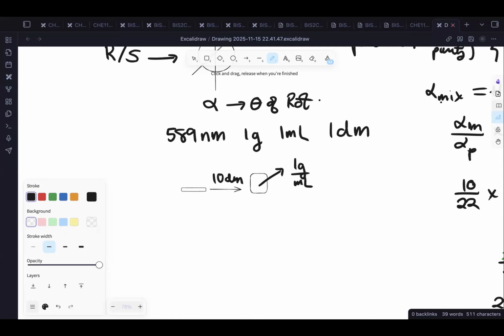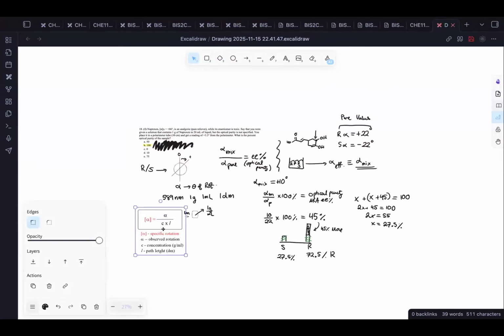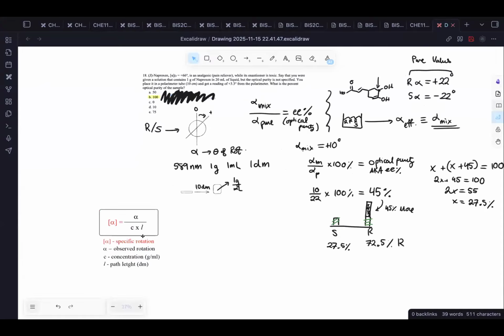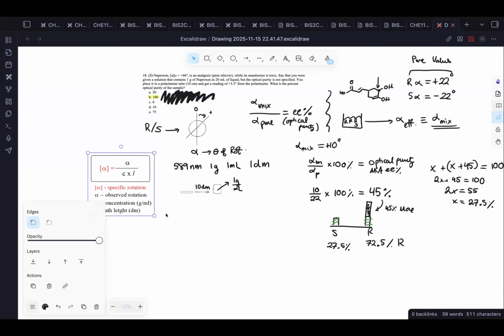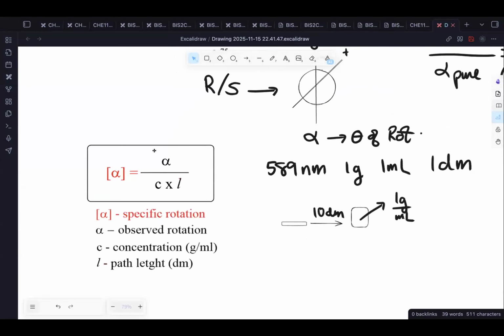There we go. The formula that I just put on the screen is the formula that you will need to use for a lot of these problems. And let me explain what this says.